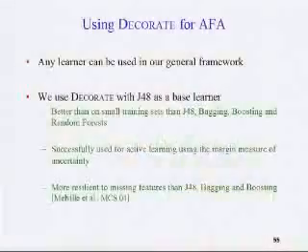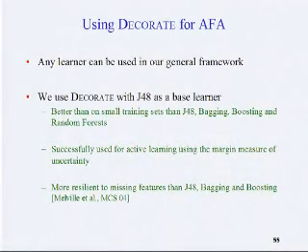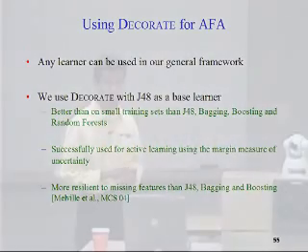As I pointed out, our framework is very general. It can be applied to any learner, but we specifically present results here on applying Decorate with J48. The reason we use Decorate is, as we've seen earlier, it performs better on small training sets compared to the Bayes learner and other ensemble methods.